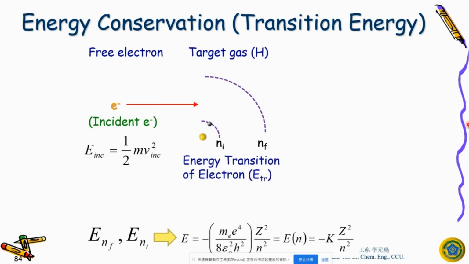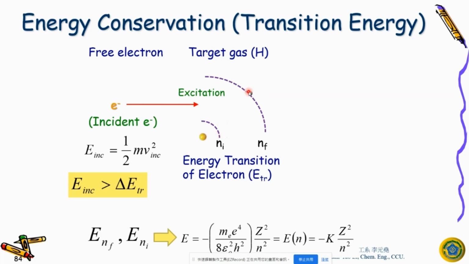Because the energy of this electron is higher than the transition energy from this one to this one, this electron will jump up to an orbit which is farther than Ni.